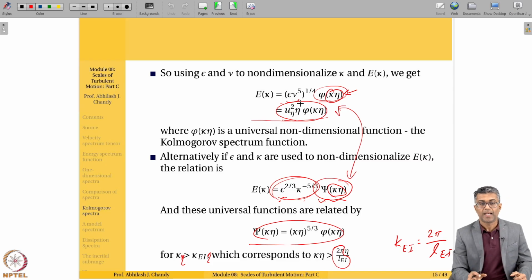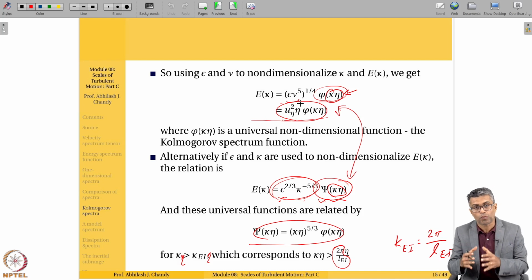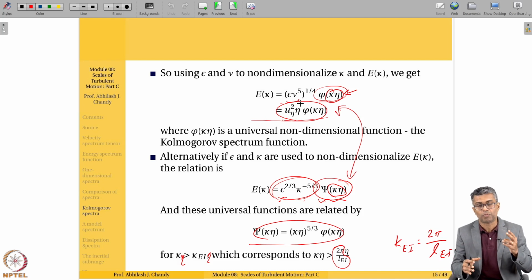The idea was, because you have two ranges, right? The energy containing range and the universal equilibrium range. And according to Kolmogorov's hypothesis, the universal equilibrium range depended on both epsilon and nu. So if we found a way to use those two variables, epsilon and nu, to non-dimensionalize the energy spectra, maybe we could write it in such a way that it is non-dimensional.